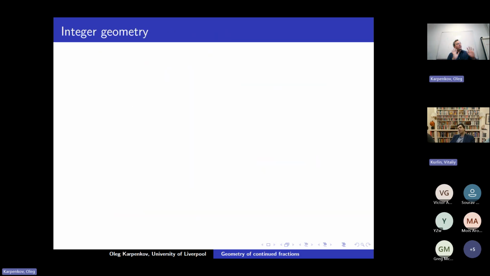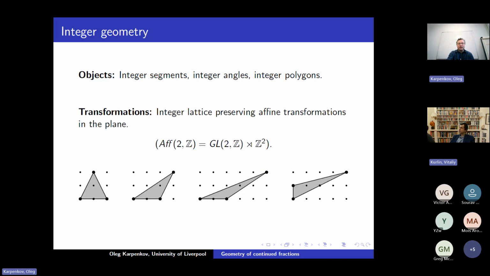Great. So our next station would be integer geometry. As I mentioned already, when you speak about geometry, you basically think about some objects like segments, triangles, angles, polygons on one side, and on the other side you have transformations.